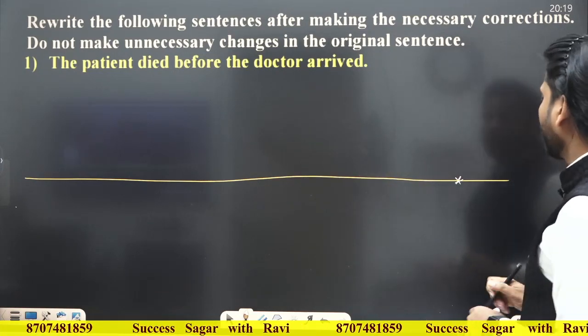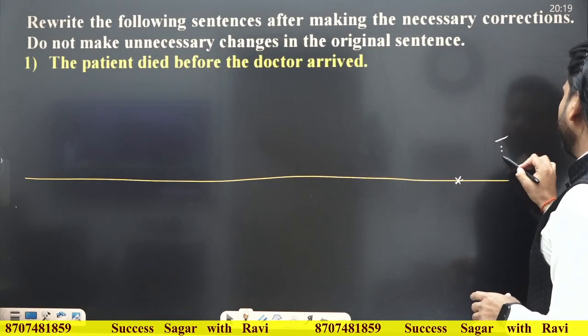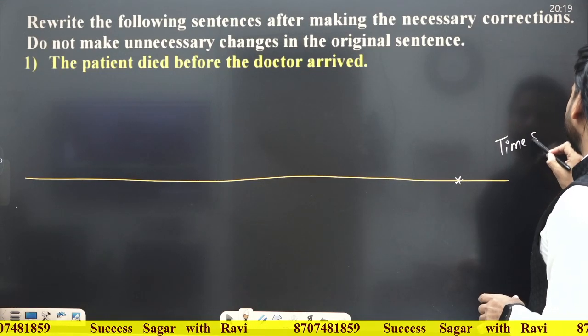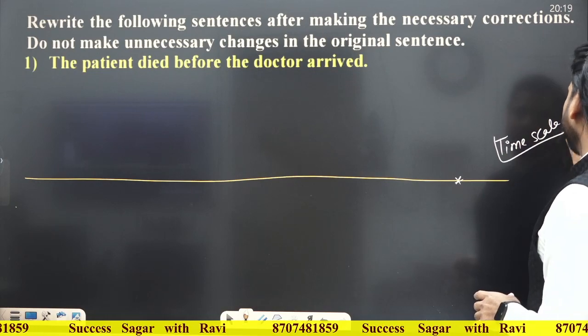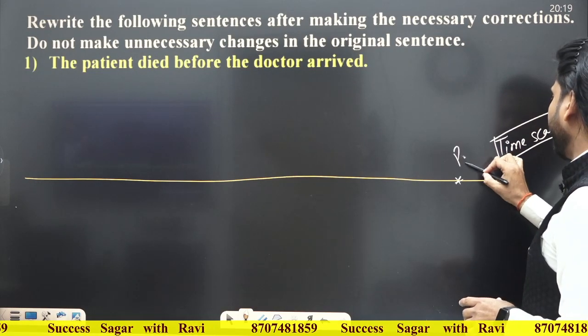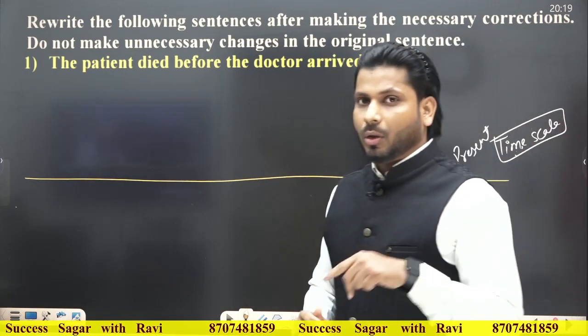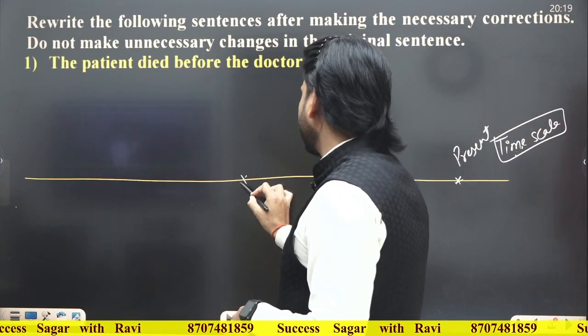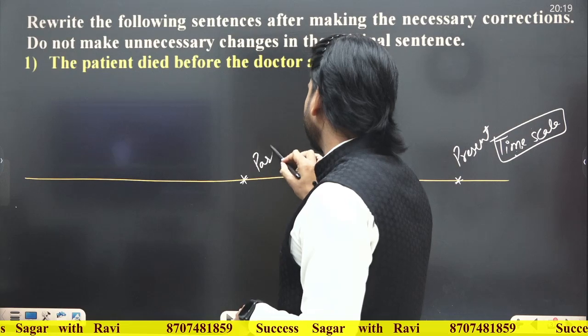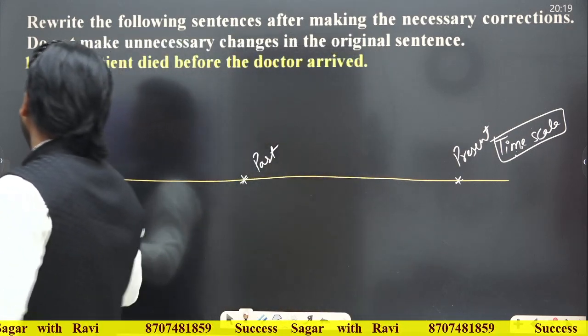Let's understand how. At this particular time scale, this is the time scale. Okay. And this point is called present. We'll have to get 2 more points at this particular time scale. This is past. What about this one? One more point is here.